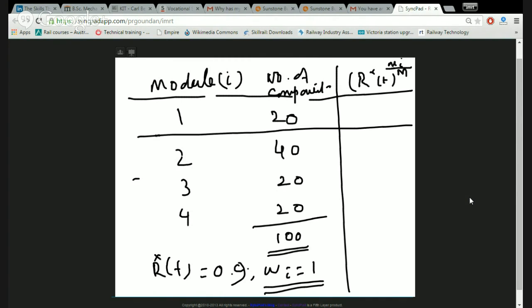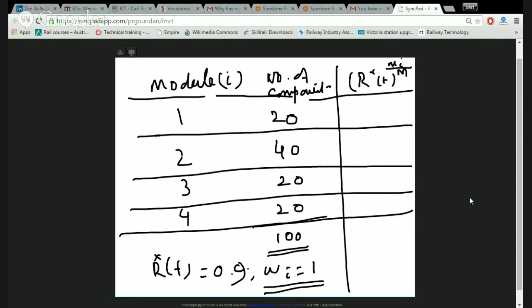Each one, you can calculate this. I hope there is no problem here. So the first one will be what? 0.9 is the overall, to the power of, it has got 20 components, divided by the total number of components, 100. The second one will be 0.9 to the power of 40 components, divided by 100.